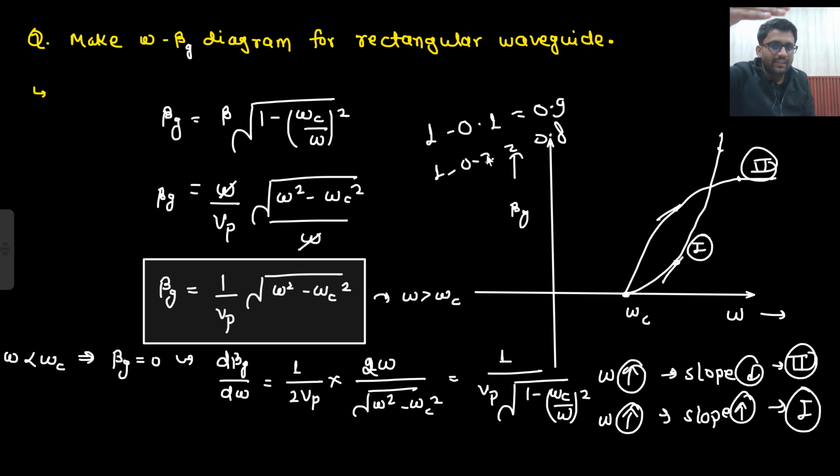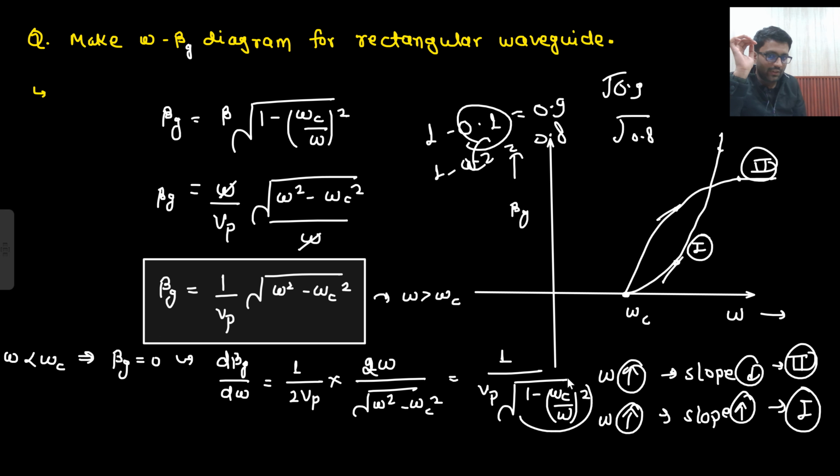Sorry, I said the opposite. Initially we were getting 0.8 because initially omega c by omega was 0.2. Now omega has increased, so this value has gone down, that means it has become 0.1. Now I am getting 0.9.